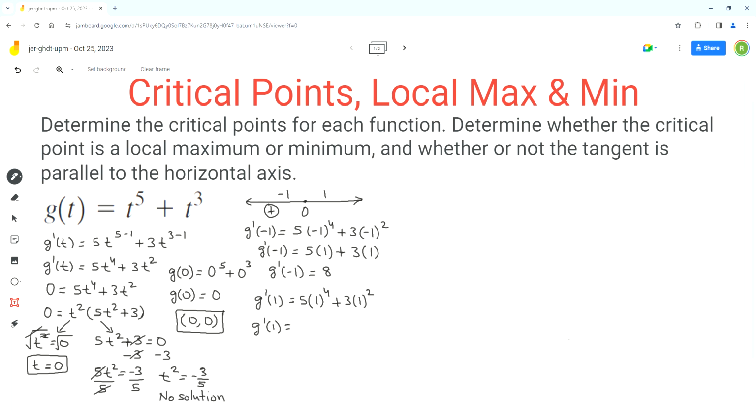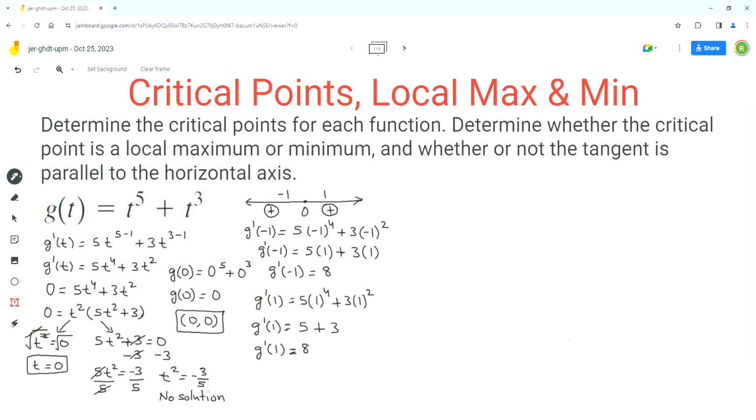So 1 exponent 4 is 1, so 5 times 1 is 5. And 1 exponent 2, 1 square is 1, and 3 times 1 will be 3. So we again got a positive result. So prime of g on the right side of the critical number 0 is positive.